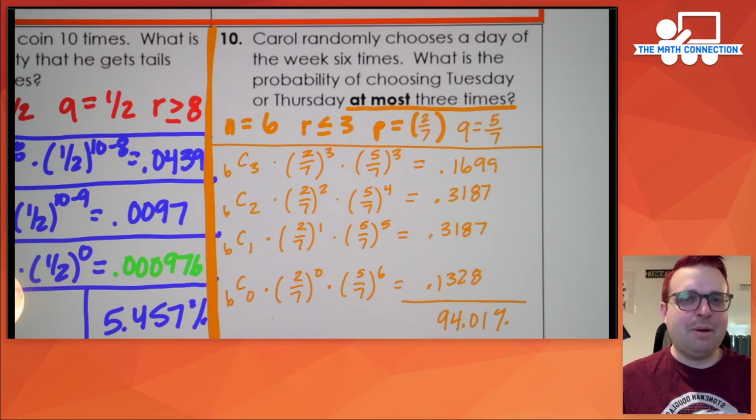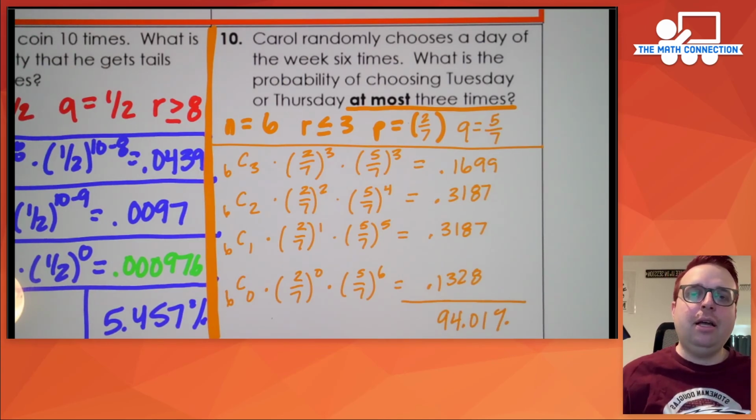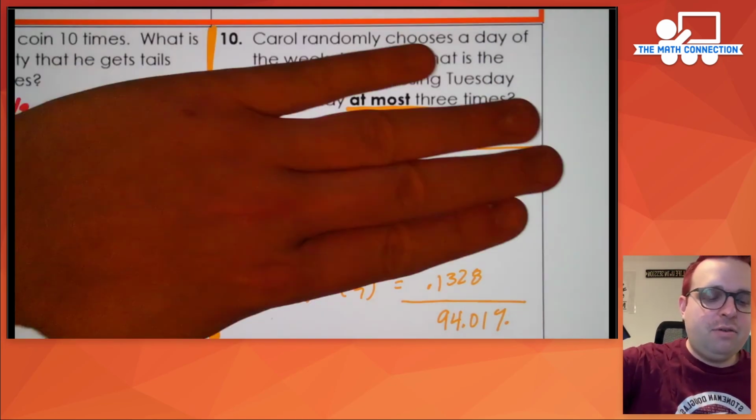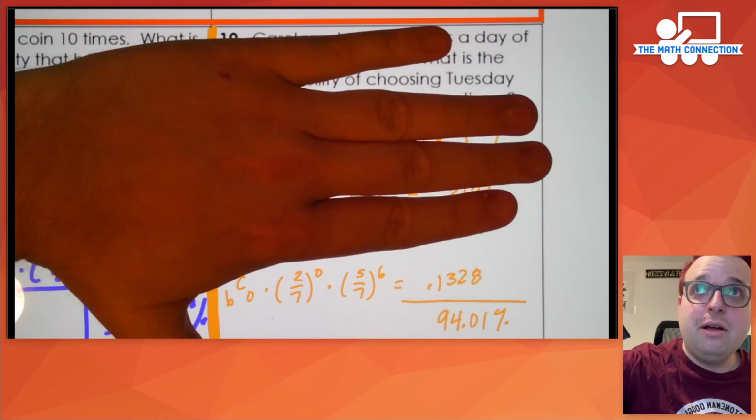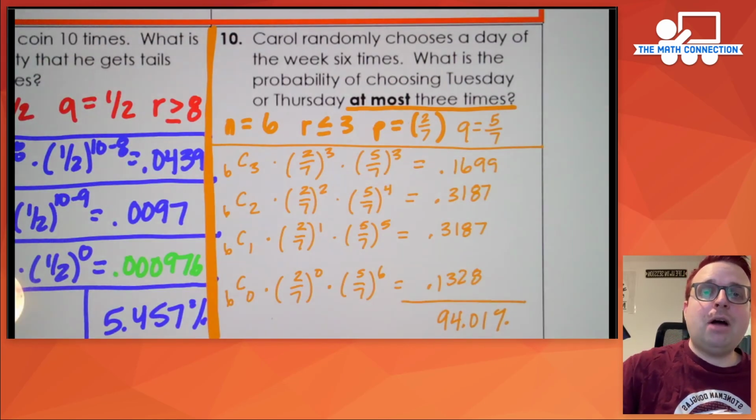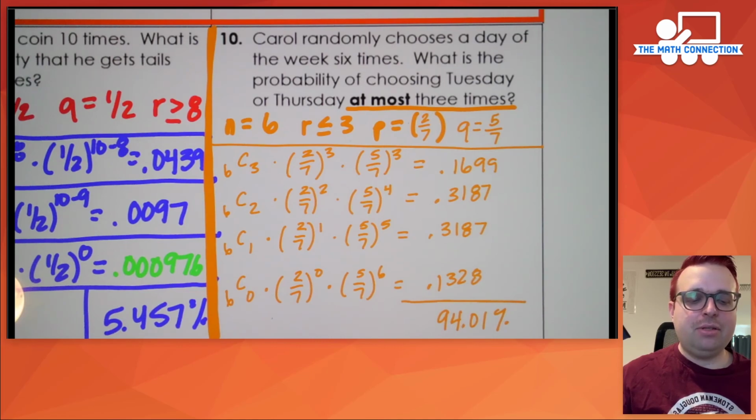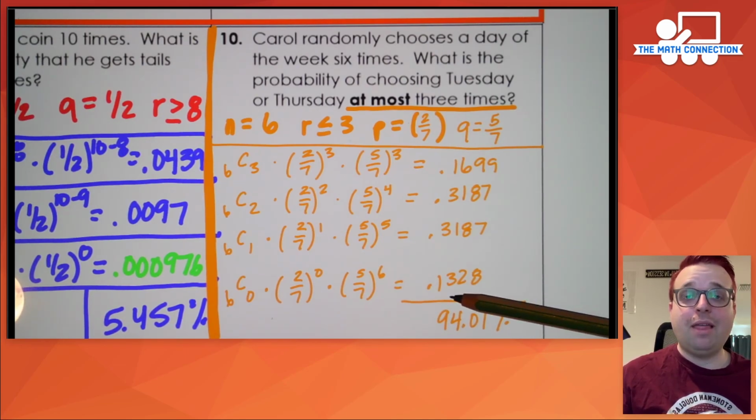That whole cumulative probability is a lot. It would be different if we were looking only at a specific number, one of these scenarios. Like, for example, cover all this up and just look at this last one. If I asked you what's the probability that she never picks Tuesday or Thursday in this binomial experiment, this is 13% of the time. I mean, that's pretty low, and that makes sense.